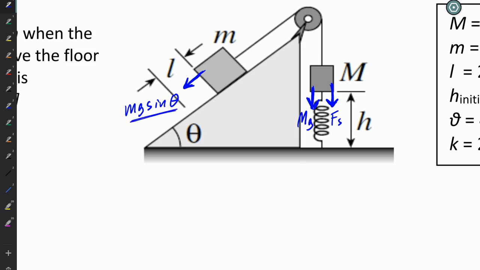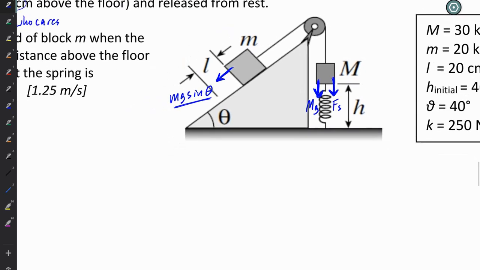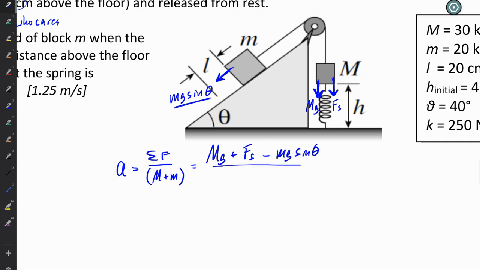And so when we consider the sum of the forces, we've got three forces, and the acceleration is the sum of the forces divided by the total mass. The total mass in this case would be both things moving together. So the grand total of the forces would be big Mg plus the spring force minus mg sine theta, all over big M plus little m.